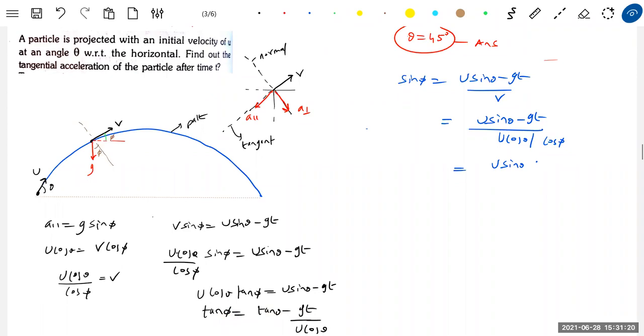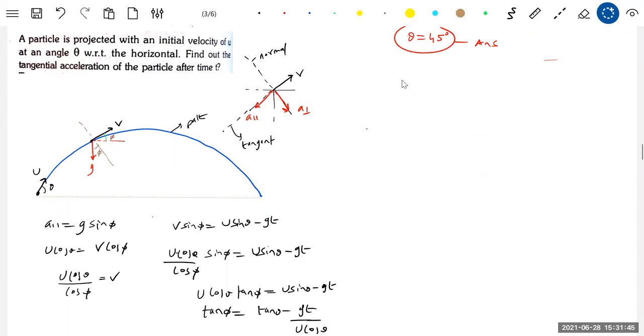Vishal, g by tan theta. Tangential acceleration is what is being asked. So this is again... I'll take it out, not beneficial.